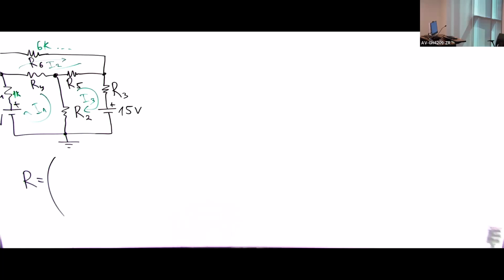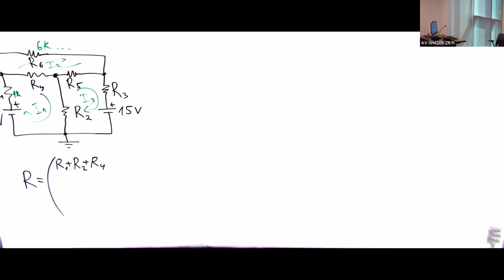Which one is the first one? The smallest one in the loop. 1. Do you see any 1 here? Yes. R1 plus R2 here. What else? R4. The three are sitting in that loop.